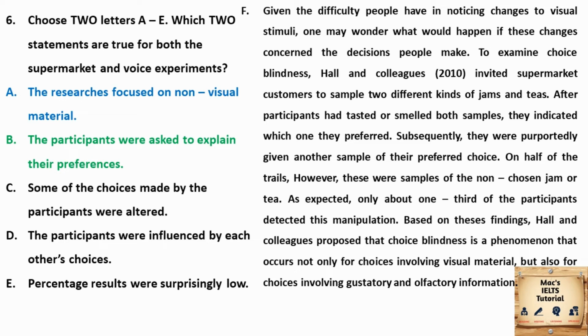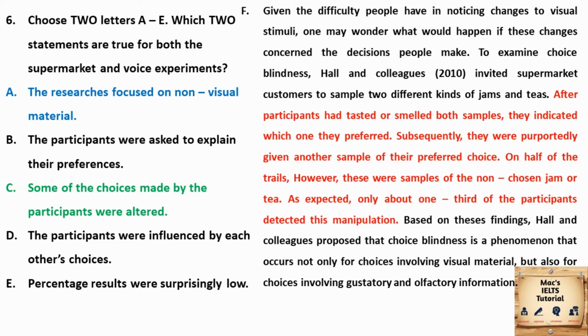Feature C states that some of the choices made by the participants were altered. Again, when you read through the para, you can notice information stating that after participants had tasted or smelled both samples, they indicated which one they preferred.